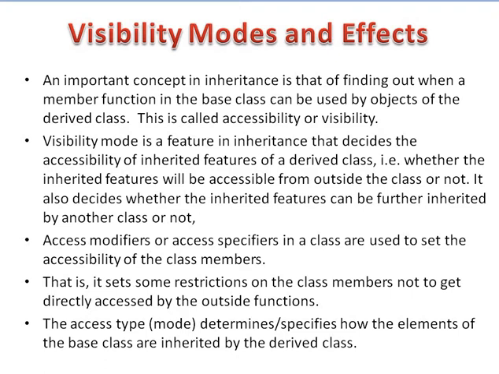An important concept in inheritance is finding out when a member function in a base class can be used by objects of the derived class. This is called accessibility or visibility. Visibility mode is the feature in inheritance that decides the accessibility of inherited features of a derived class, that is, whether the inherited features will be accessible from outside of the class or not.